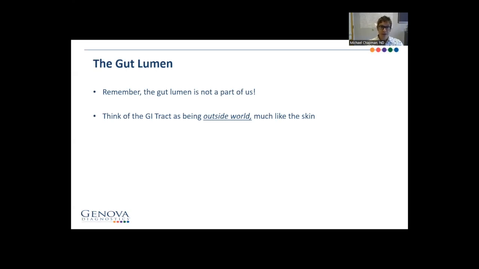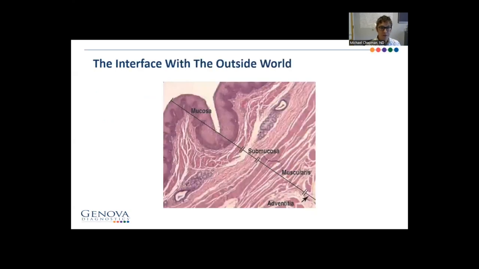So our skin is an interaction and interface with the outside world, just as the lumen, that hollow tube of the GI tract. So anything that's white on this slide, and this is a histology slide of the GI lining, and the lumen is that part of the white in the upper left. So that's the outside world, right? And this is just like with the skin, this is the interface. So just keep that in the back of your head.